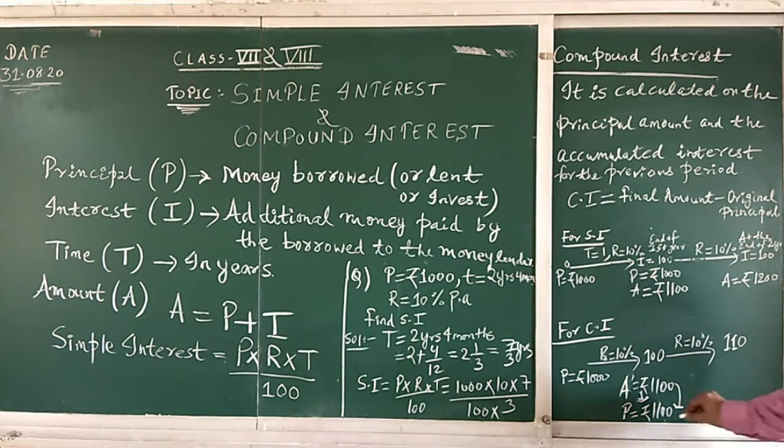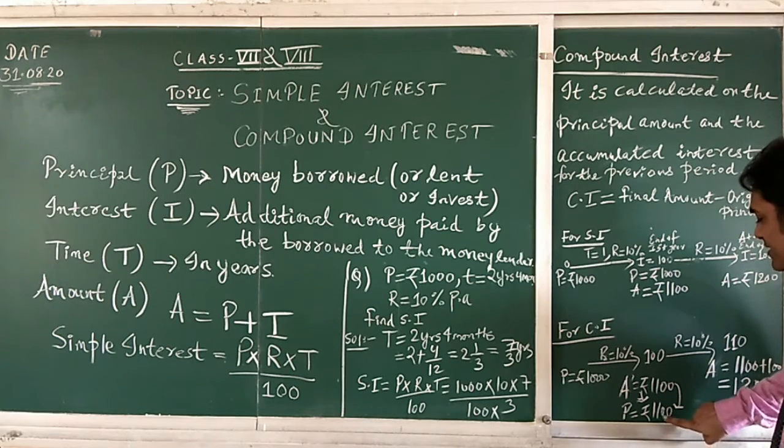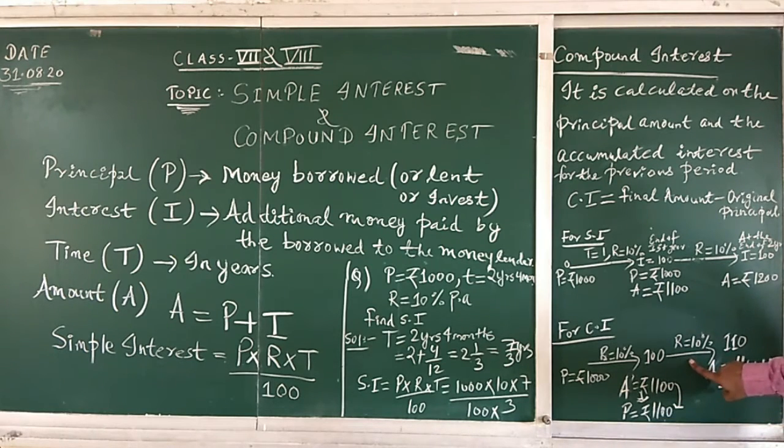When you calculate this 1100 as the principal and charge 10% on it, it is 110, so this becomes 1210 rupees.